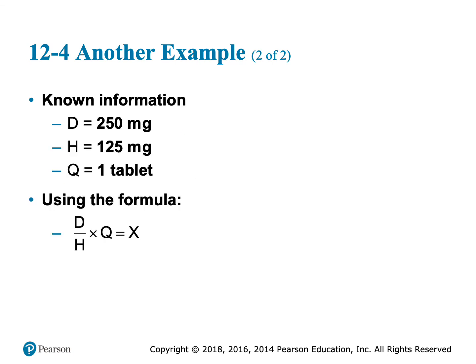All right, so let's go ahead and set up our problem. We have D over H times Q equals X as our formula. And we're going to go ahead and set this up as 250 milligrams over H, which is 125 milligrams.